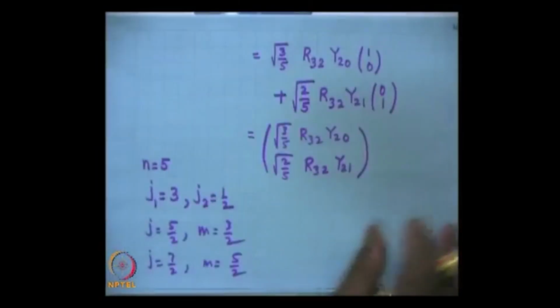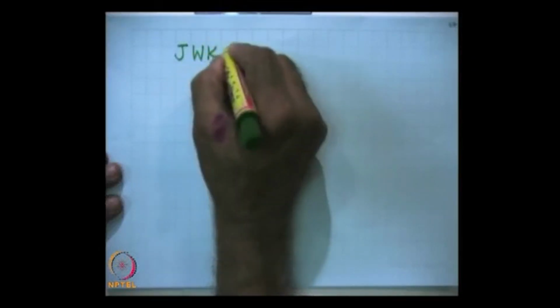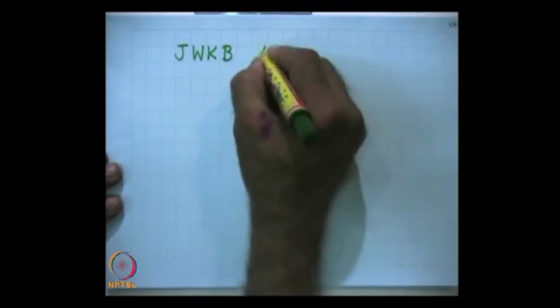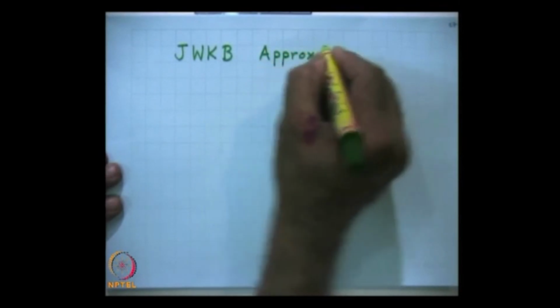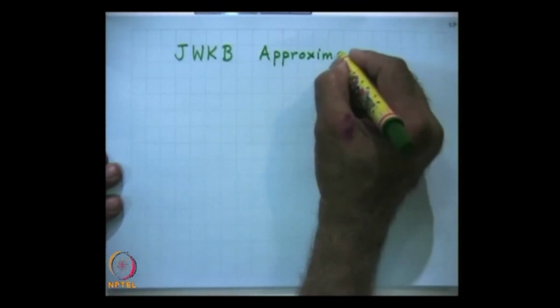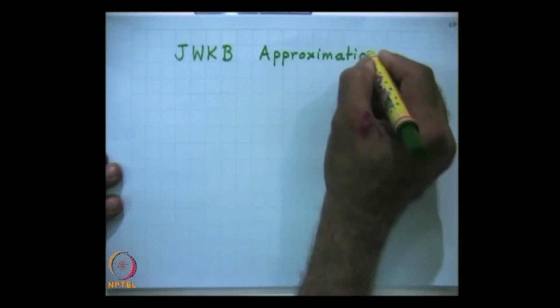Our next thing that we would like to discuss is one of the most fascinating topics in quantum mechanics, and that is the JWKB approximation. I will just outline the method that we will develop, and we will discuss the details in our next lecture.